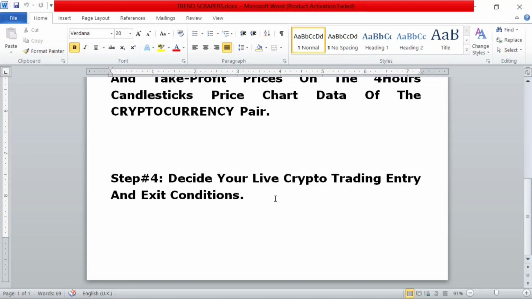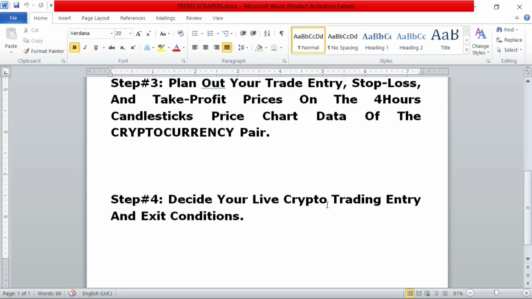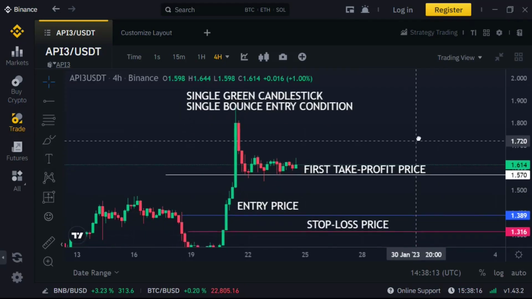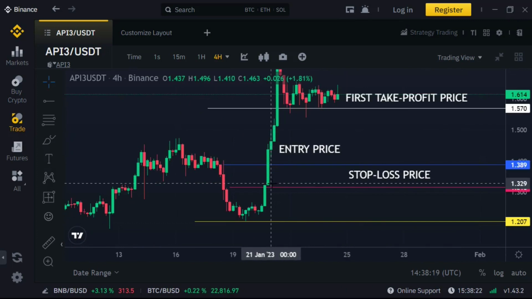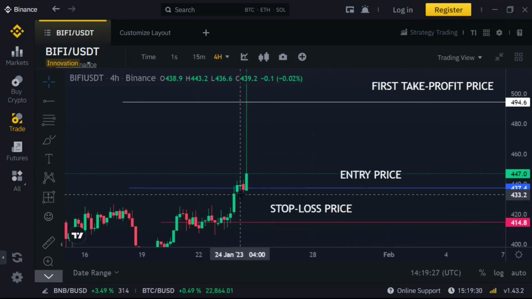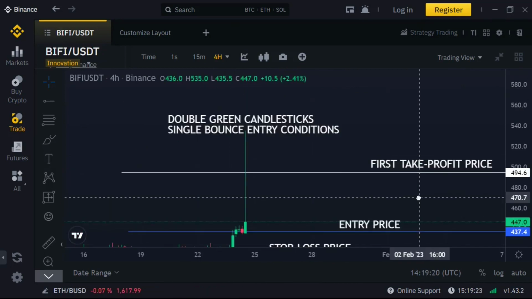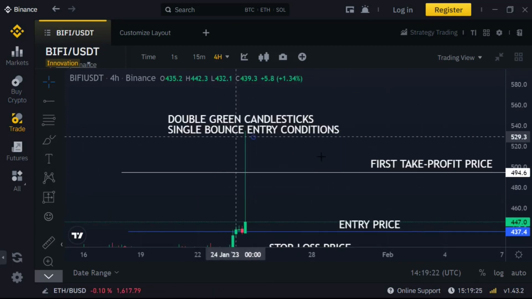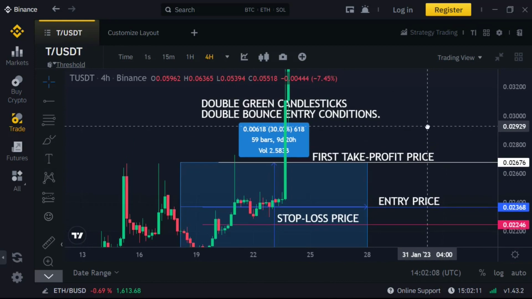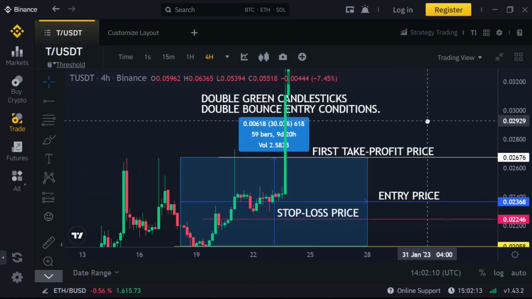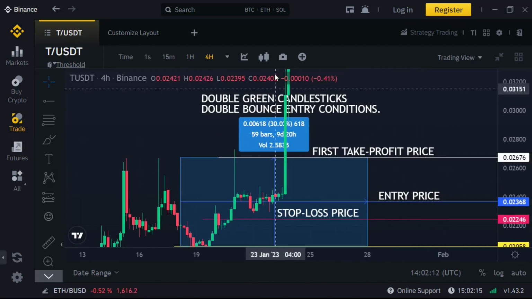For example, there are 4 entry conditions to be considered before executing any live crypto trading activity, and they are the single green candlestick, single bounce entry conditions, the double green candlesticks, single bounce entry conditions, the single green candlestick, double bounce entry conditions, and the double green candlesticks, double bounce entry conditions.